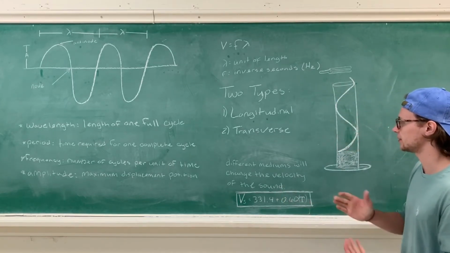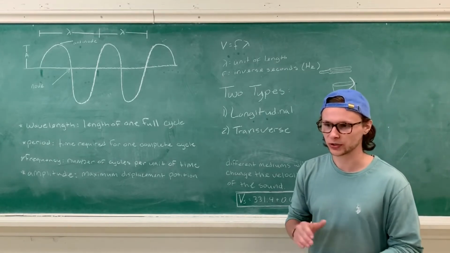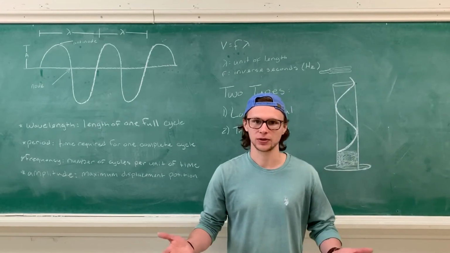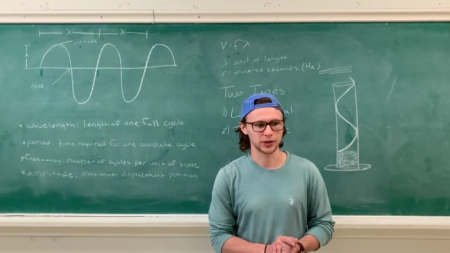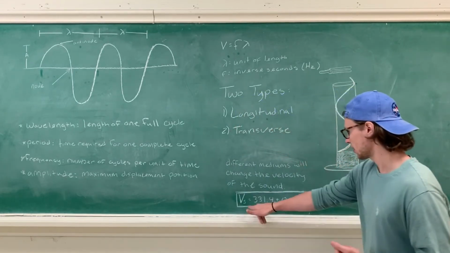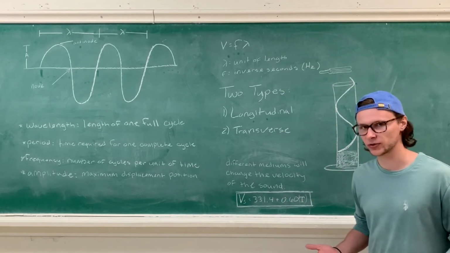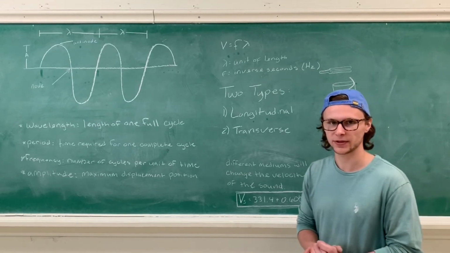And yeah, that's the experiment. We're just looking at longitudinal waves, with sound traveling through air, and we will talk about the effects it has as it travels through different mediums.